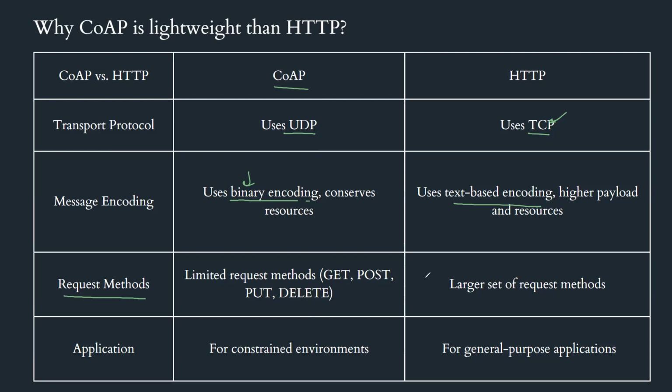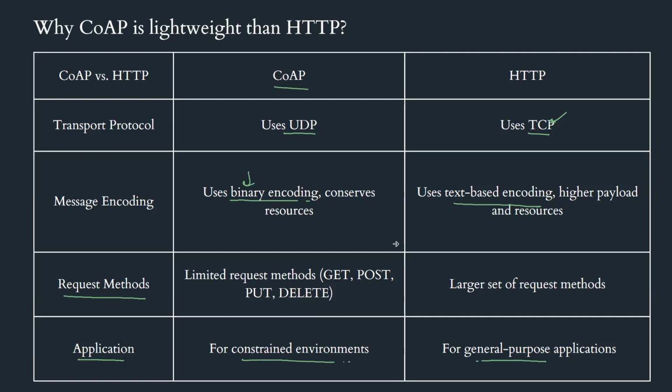It has other methods as well, and therefore it uses more complex functions and requires more resources, and has more complexity. In terms of applications, CoAP can be used in constrained environments because of its lightweight and reduced complexity, and HTTP is used for general purpose applications.